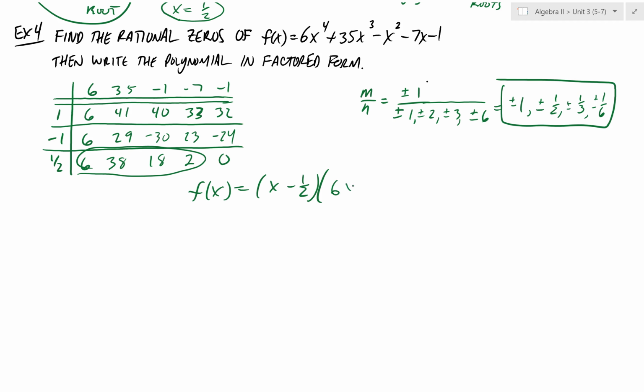It would be 6x cubed plus 38x squared plus 18x plus 2. And then as we've done before, we would want to factor a 2 out of all those and apply it to this factor. So it's now going to be 2x minus 1, 3x cubed plus 19x squared plus 9x plus 1.